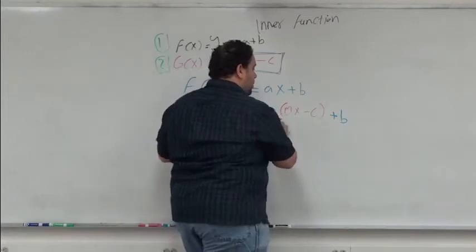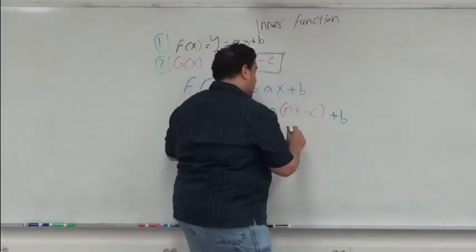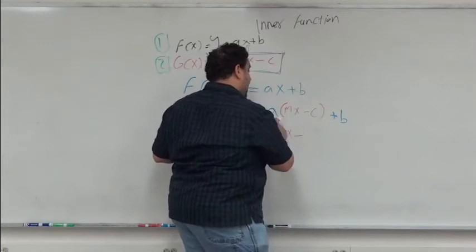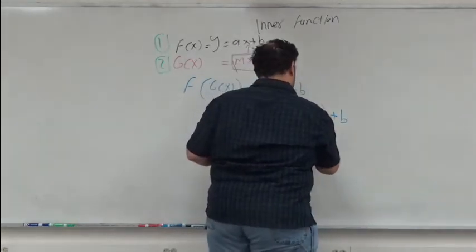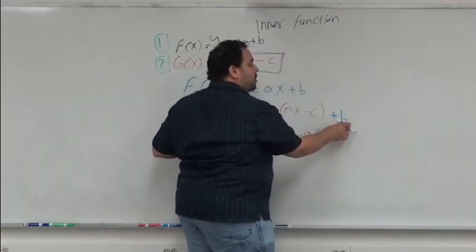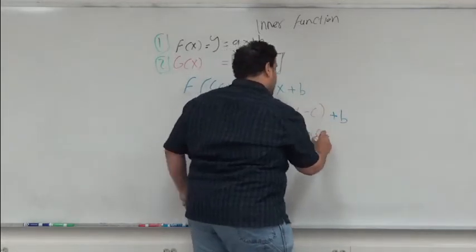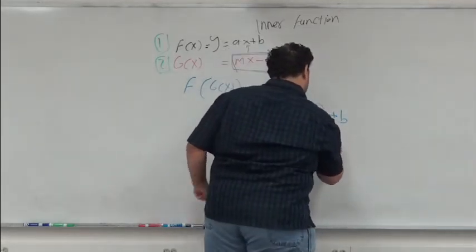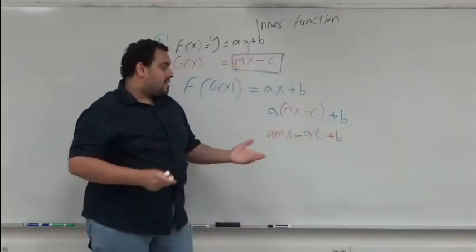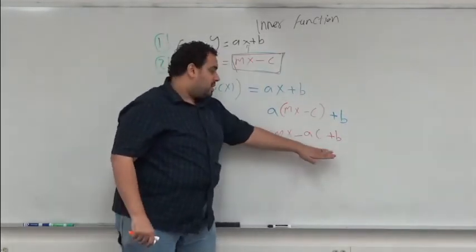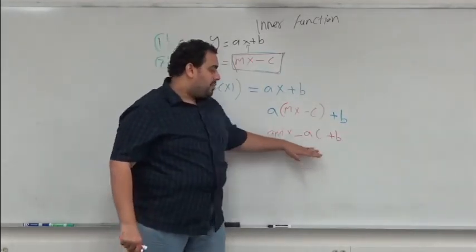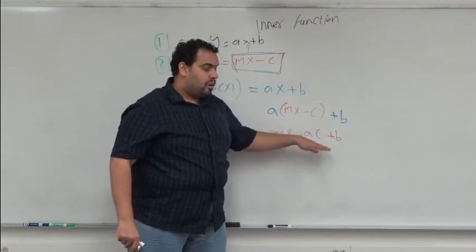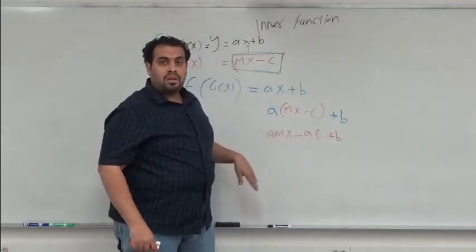Then here, positive times negative is negative. a times c gives you ac, and this is the constant, or the last element by itself, plus b as it is. You can't simplify it more than that because this is the simplest form. There is nothing common between any of these terms.